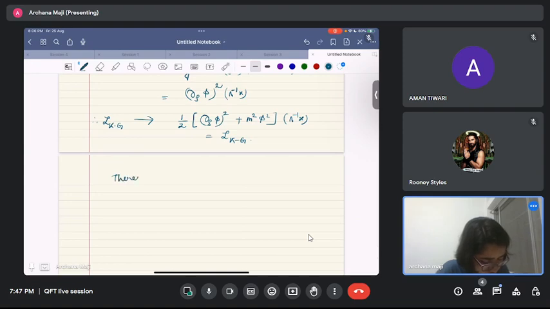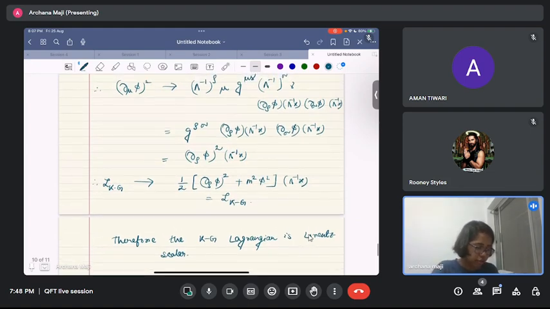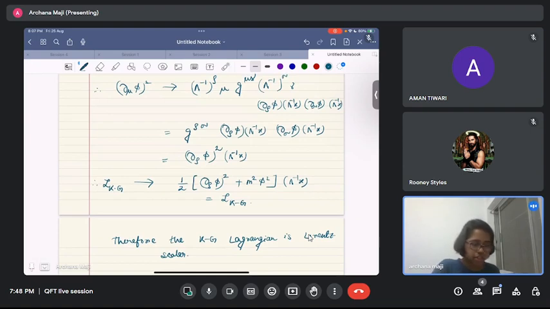Therefore, since the Lagrangian is a Lorentz scalar and you get the action by integrating the Lagrangian density over d4x, the equation of motion that you obtain by extremizing your action also remains Lorentz invariant.